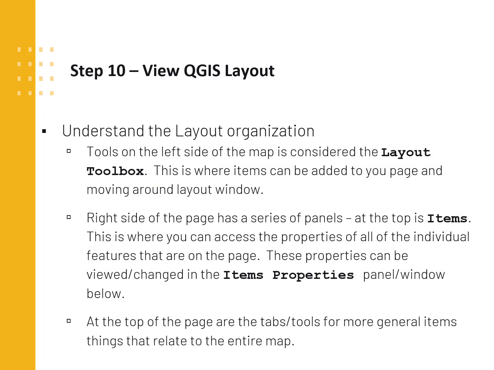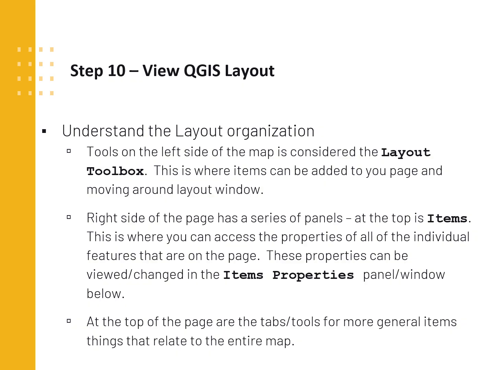So, a bit of information about how to understand the QGIS layout. The tools on the left side of the map is considered the layout toolbox, and this is where your various items can be added to your page, and you can also move items around the layout. The right side of the page has a series of panels.